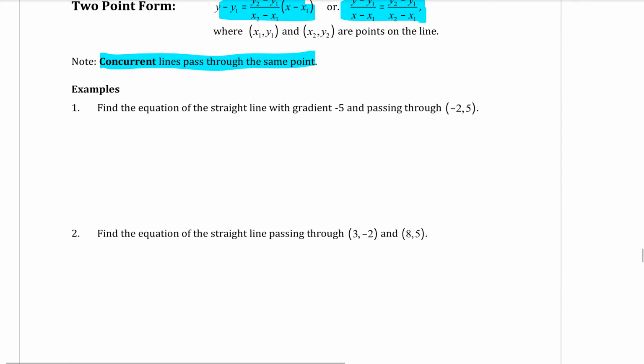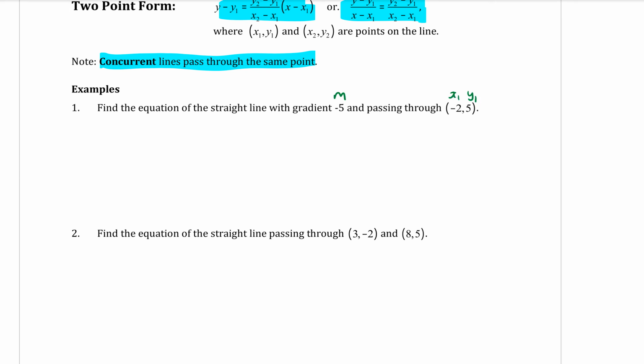So examples, number 1. Find the equation of a straight line that has a gradient of -5 and passing through the point -2, 5. Okay, so we have a gradient, we have a point. The point is not the y-intercept, so I need to use my point gradient formula. So this is going to be my m, the x1 and the y1.